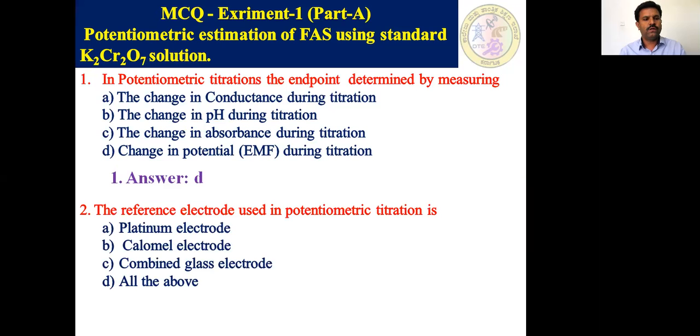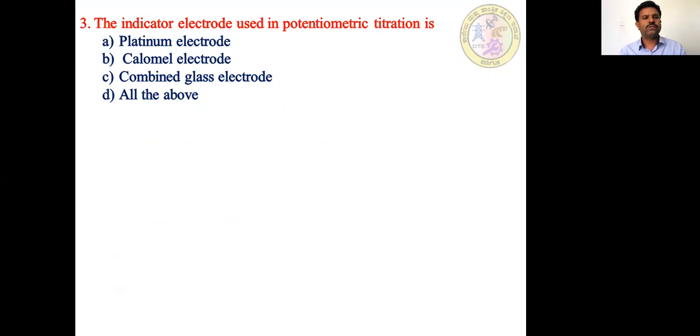Question number 2. The reference electrode used in potentiometric titration is: platinum electrode, calomel electrode, combined glass electrode, all of the above. The reference electrode we used in our experiment is the saturated calomel electrode, and the right answer is option B. Question number 3.